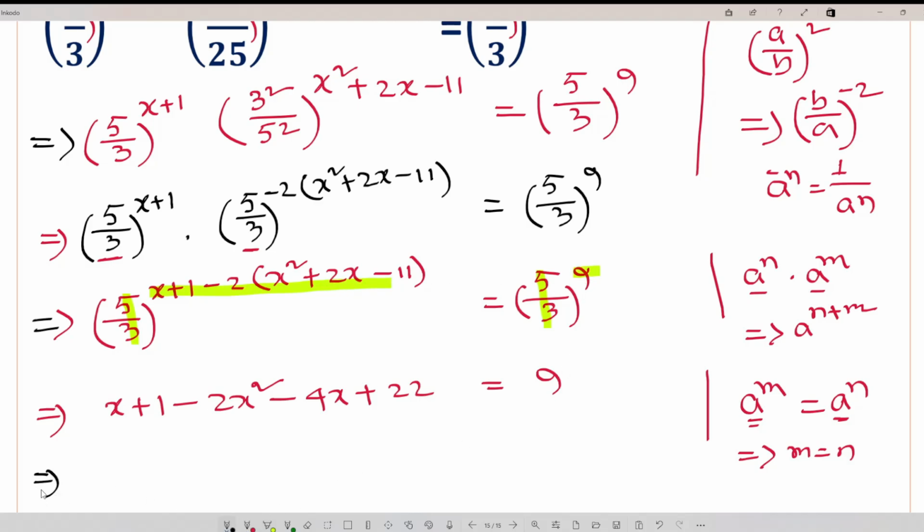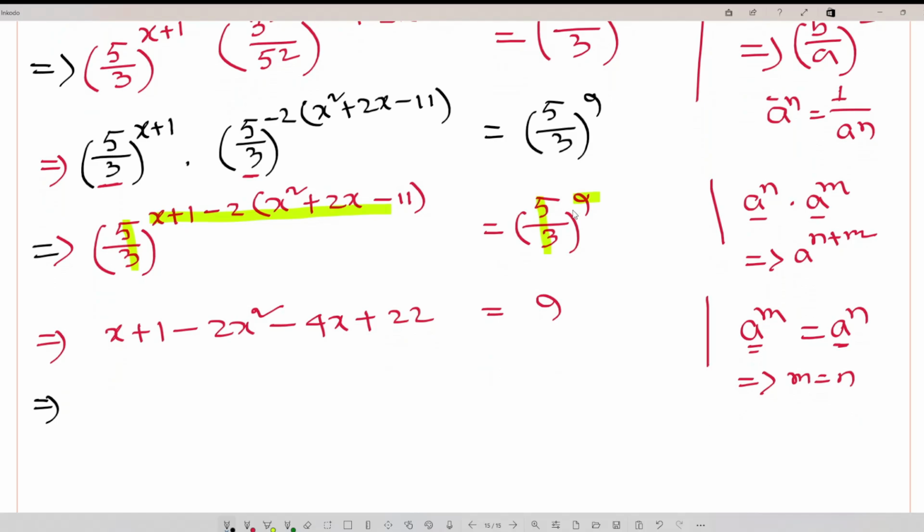Now we can simplify this expression. Here is −2x², and here is x and −4x, so we can write −3x. Here is 22 and here is +1, so it means +23 equals 9, right?